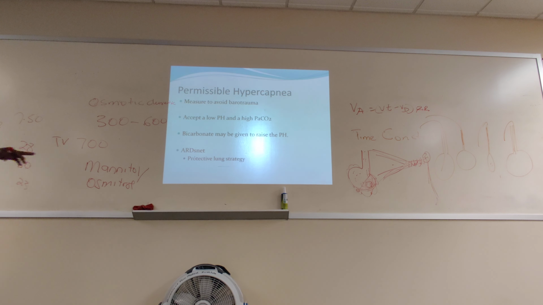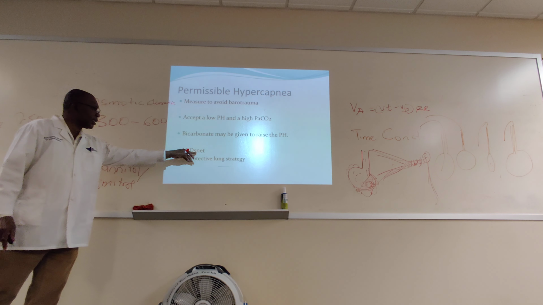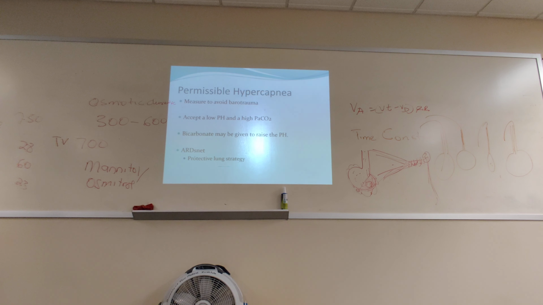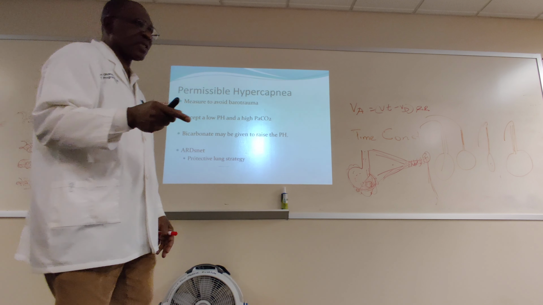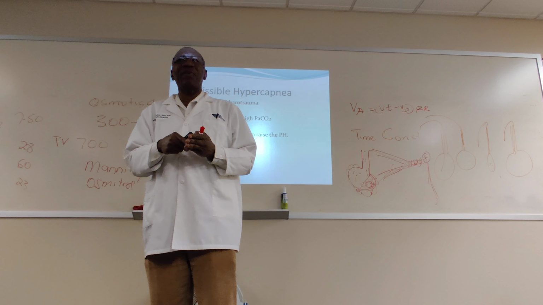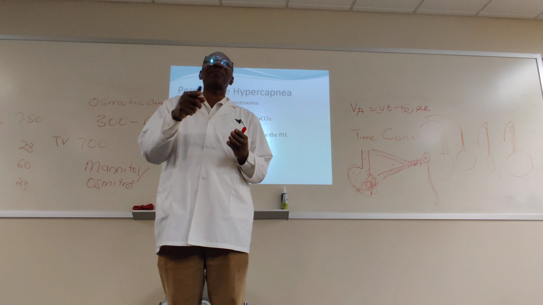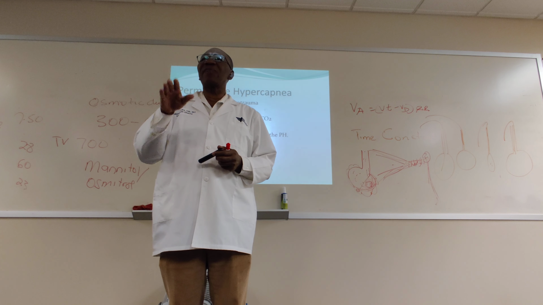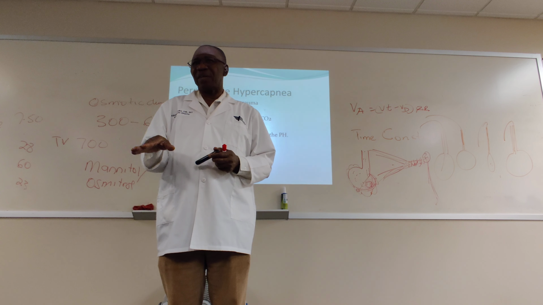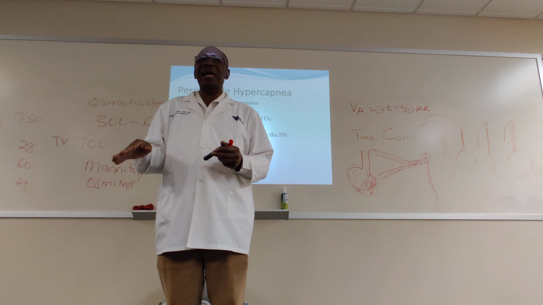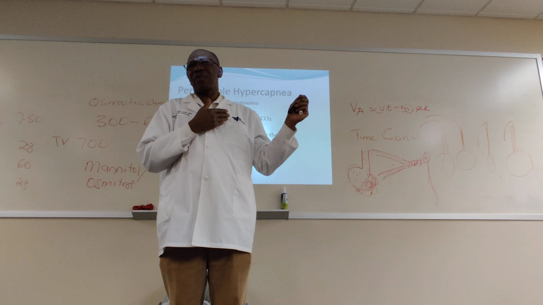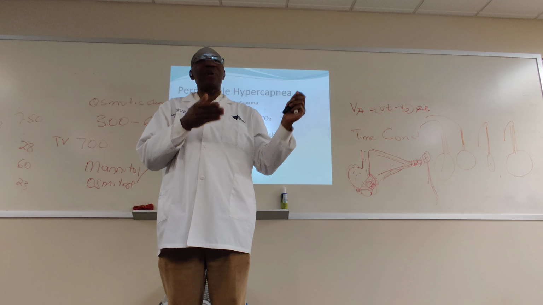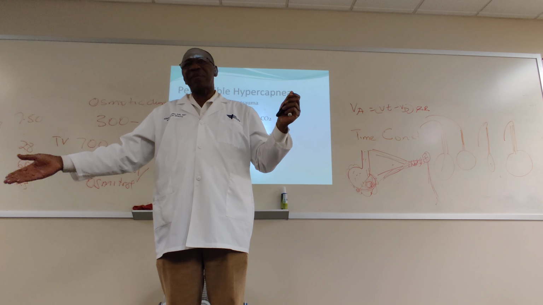This here is called ARDSNet, protective lung strategy. When you're ventilating somebody with ARDS, you only use a tidal volume that is 4 to 6 mL per kg. Because you want to give them very small tidal volume so that the PIP will not go up. You make up your ventilation by increasing the respiratory rate.